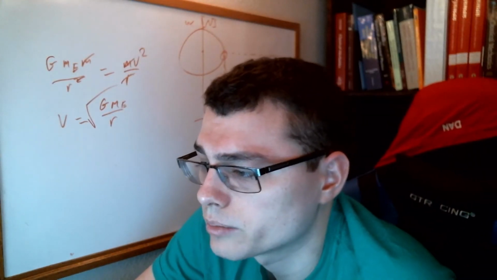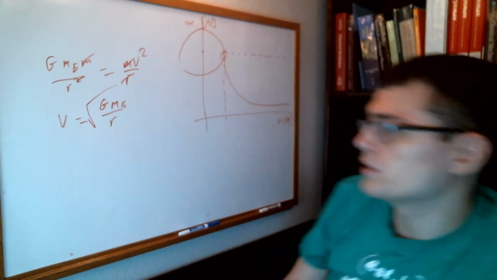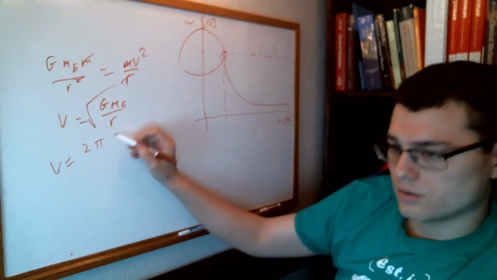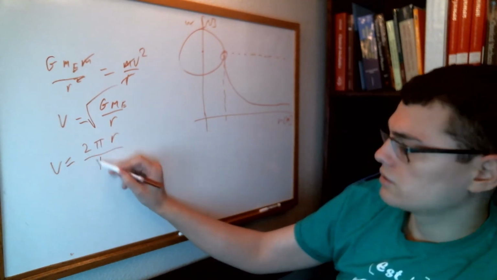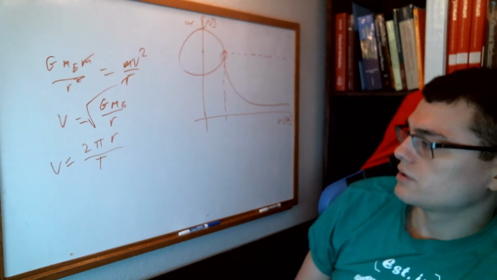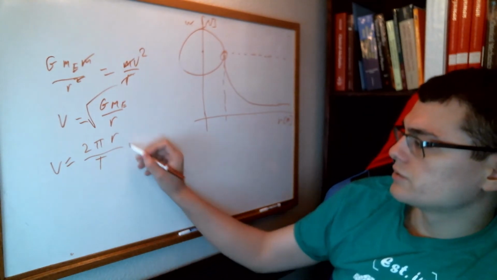So next up, we can start calculating periods of satellites, and just remember from our other ventures that v is going to be equal to 2 pi r over T, and so then we can set these equal to each other.